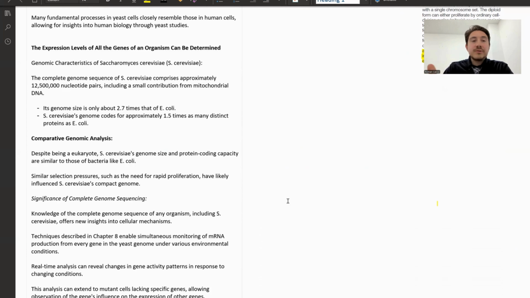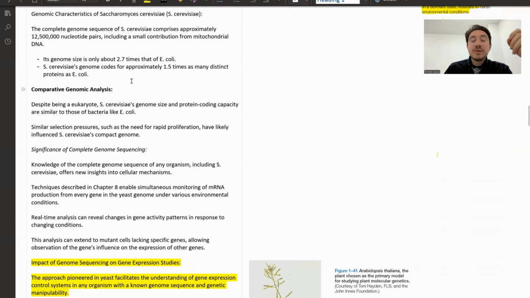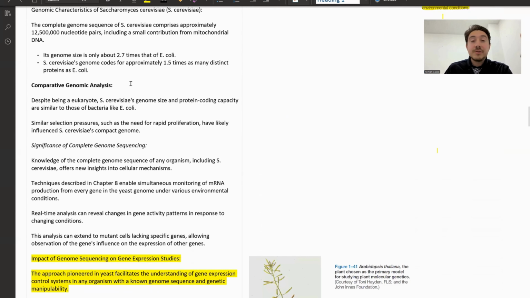Genomic characteristics of S. cerevisiae: the complete genome sequence of yeast comprises only approximately 12.5 million nucleotide base pairs, including mitochondrial DNA. So it's only 2.7 times larger than E. coli, not that big.